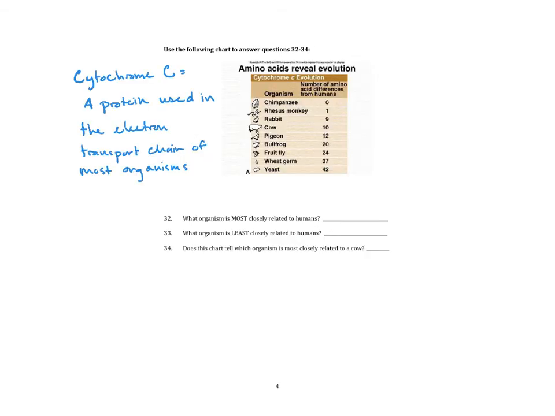Next, we're going to talk about the evidence for evolution that occurs in the biochemical structure of organisms. So first, let's talk about what this protein, cytochrome C, is. Cytochrome C is a protein used in the electron transport chain of most organisms. If you remember, the electron transport chain is part of your metabolic process, essentially.